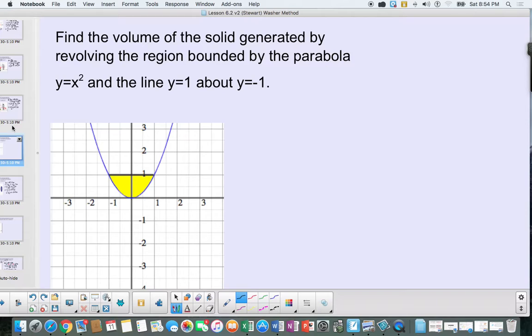Okay, and now we're going to revolve around y equal to -1. Let's go ahead and draw that. And I'm going to copy my reflection here. And I'm going to draw my rectangle.